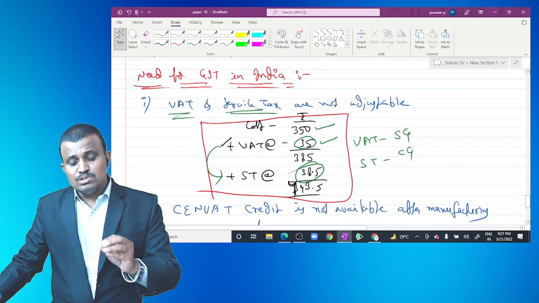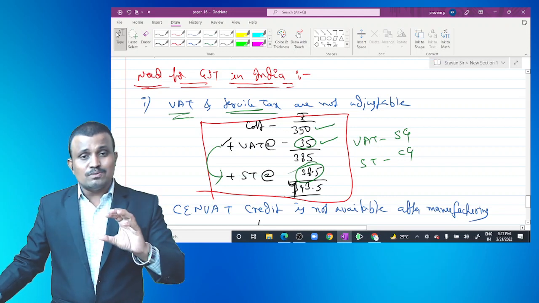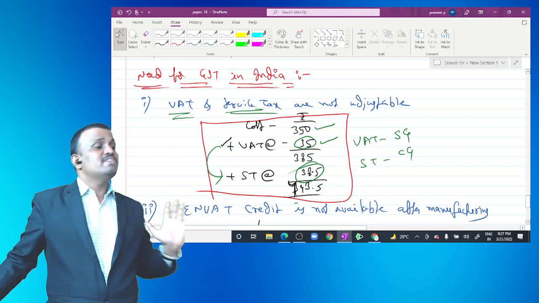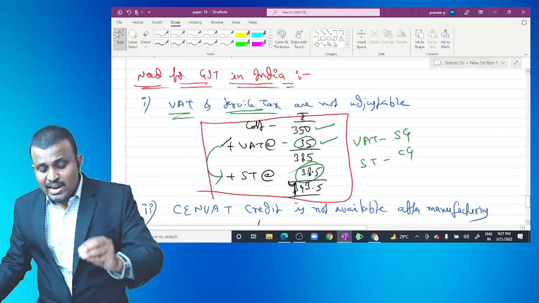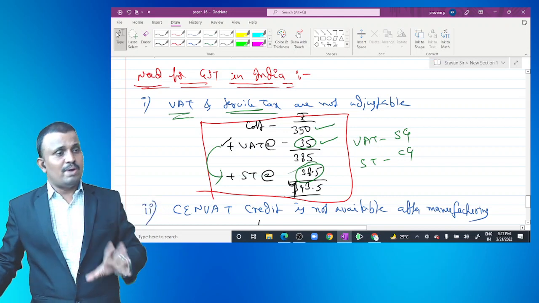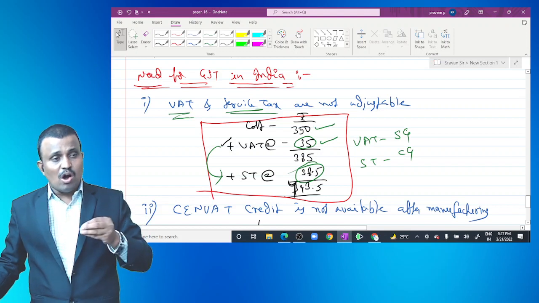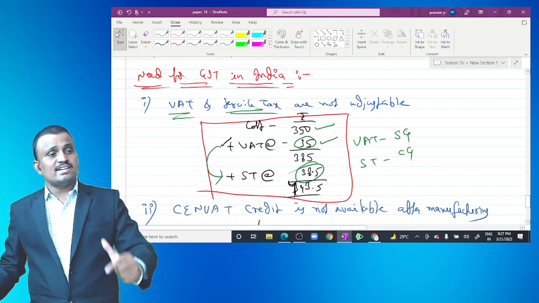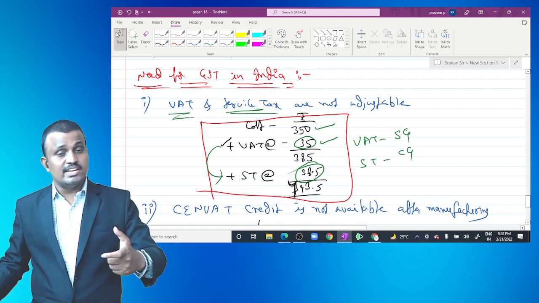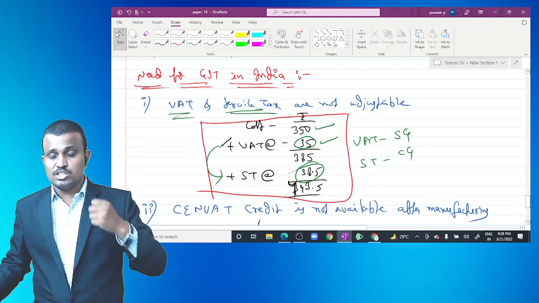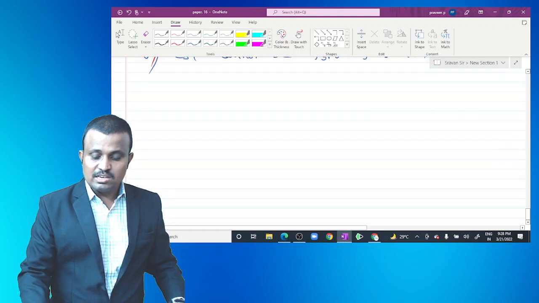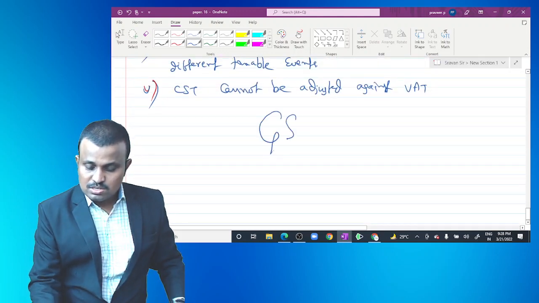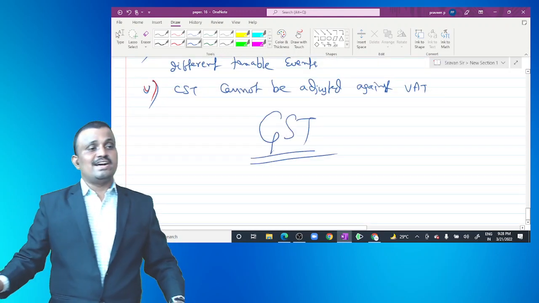Those relate to the drawbacks in the previous indirect tax. For eliminating all these drawbacks, a new indirect tax regime was introduced in India with the slogan "One Nation, One Tax." That is called GST, which stands for Goods and Services Tax.